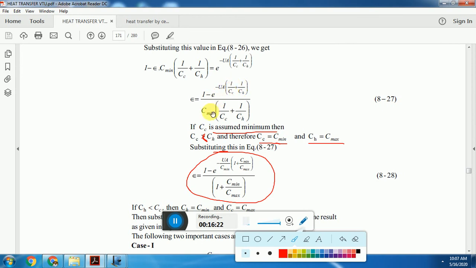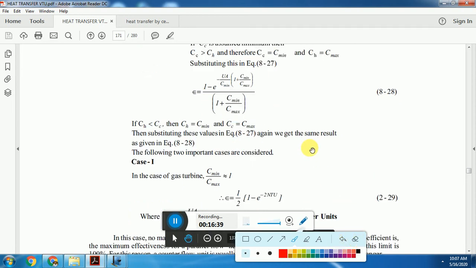If I substitute Cc as Cmin in equation 8.27 and simplify, I will get 1 minus e raised to minus UA divided by Cmin, into 1 plus Cmin by Cmax. This equation I will get.